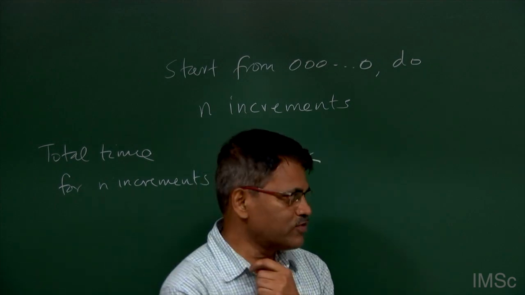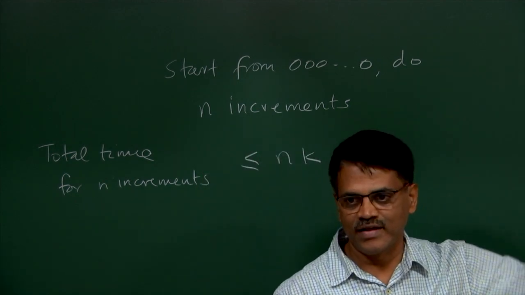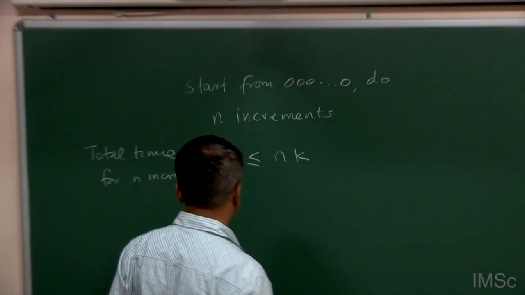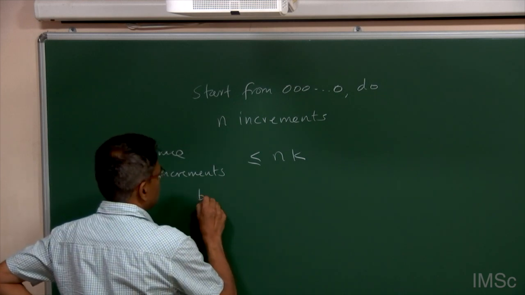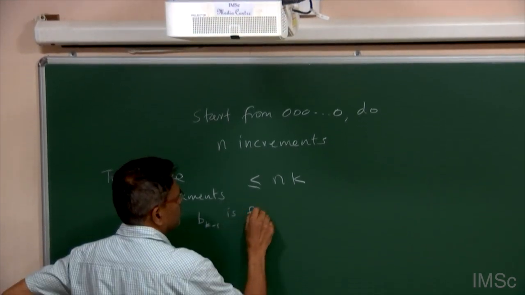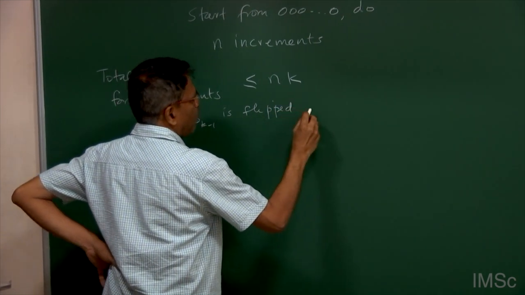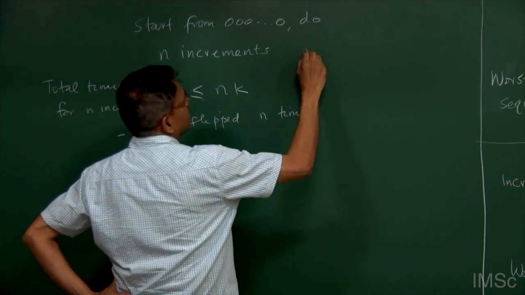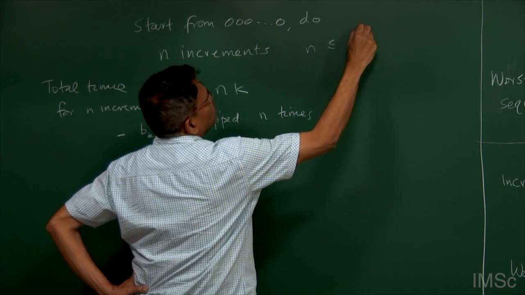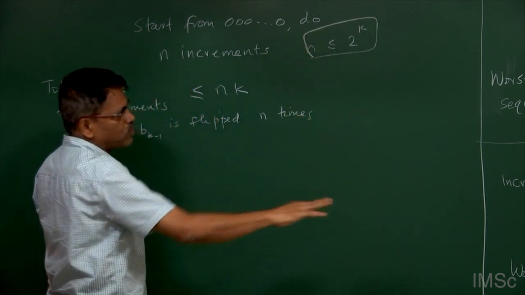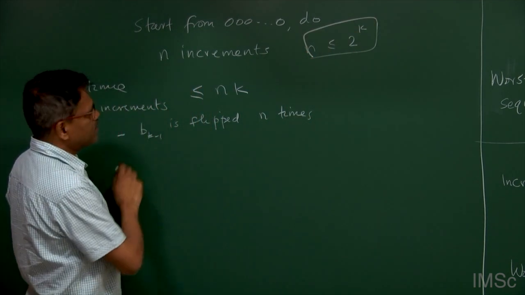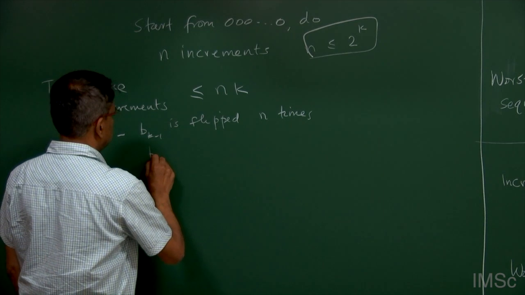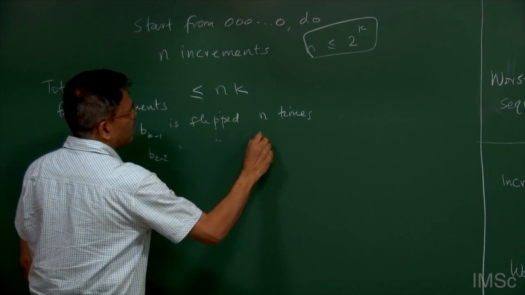Let's start from the bottom at the end: that bit is flipped n times. So d(k-1) is flipped all the time, n times, where n is less than or equal to 2 power k, so I don't come all the way up to 1, 1, 1. d(k-2) is flipped n by 2 times.